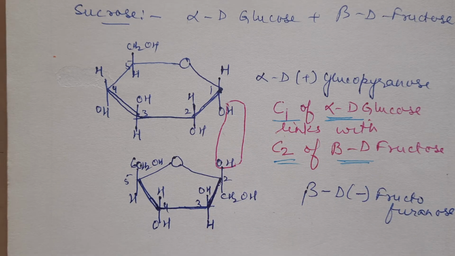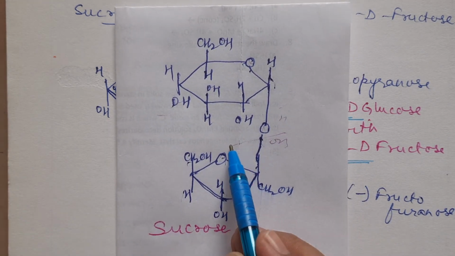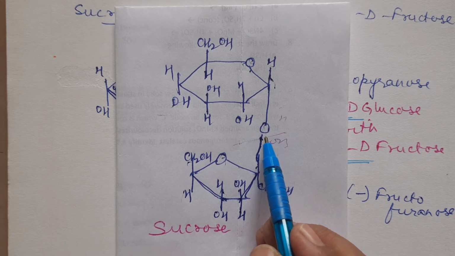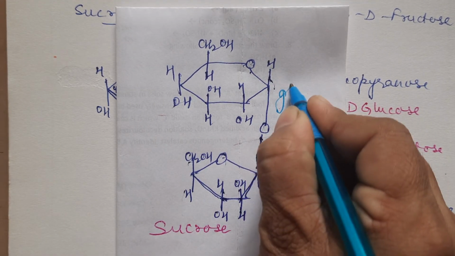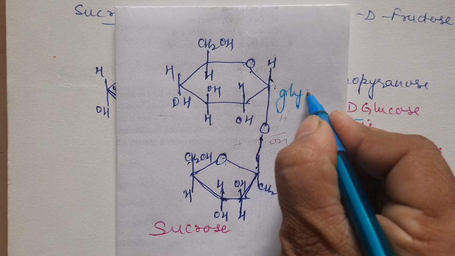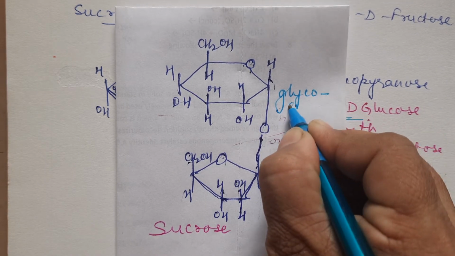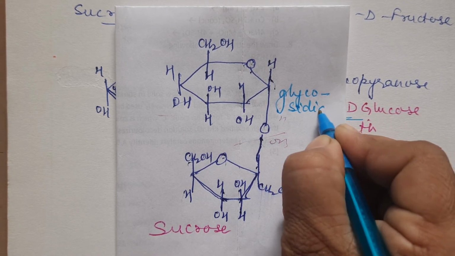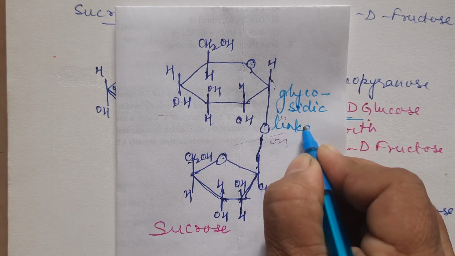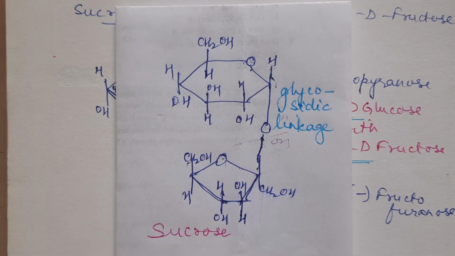This linkage which is formed here, which I have shown you, is called a glycosidic linkage. So what is a glycosidic linkage? It's a linkage between two monosaccharides.